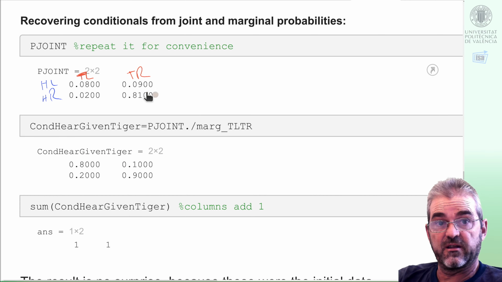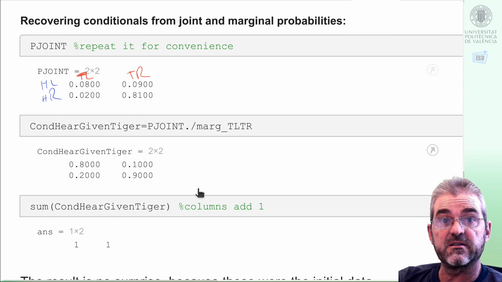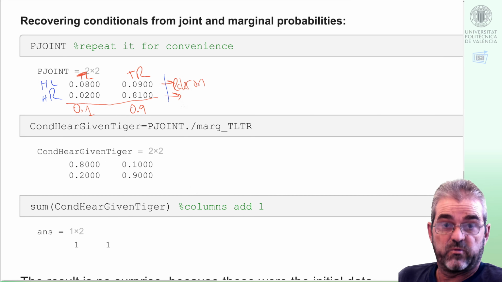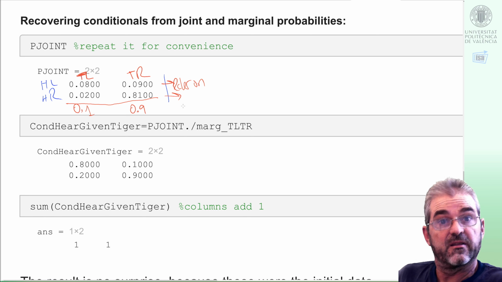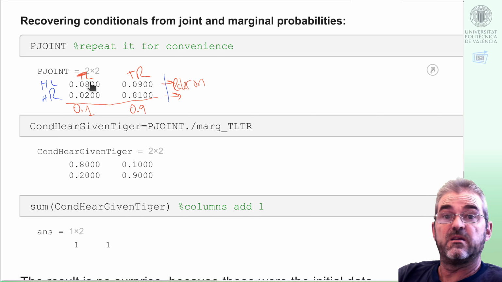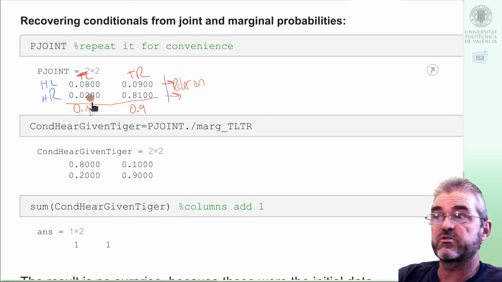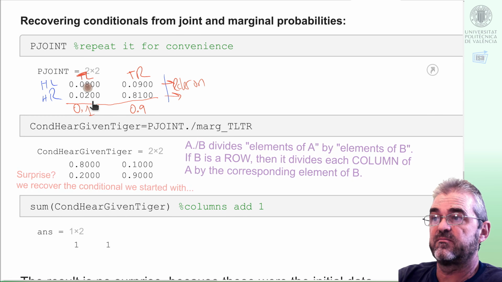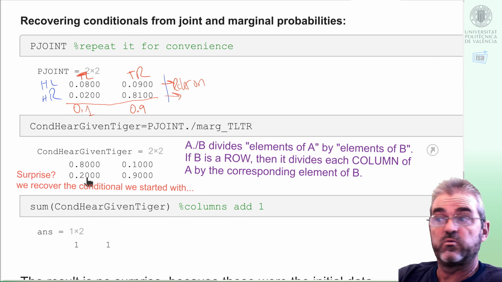Let's see in our example. I have here the joint table repeated for convenience, and I repeat the marginals also for convenience, 0.1, 0.9, and the sum by rows we'll discuss later on. Then, the conditional is the joint divided by the marginal, so it is dividing each of the elements by 0.1, which is the same as multiplying by 10, so I get 0.8, 0.2, which was the 80%, 20% conditional table I started my problem with in the first video.